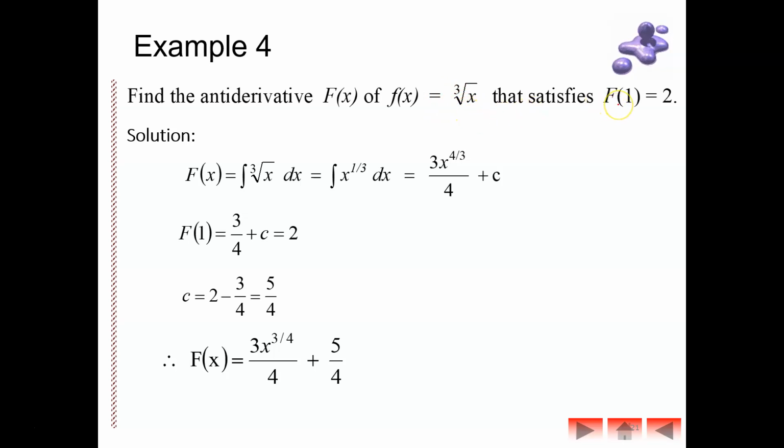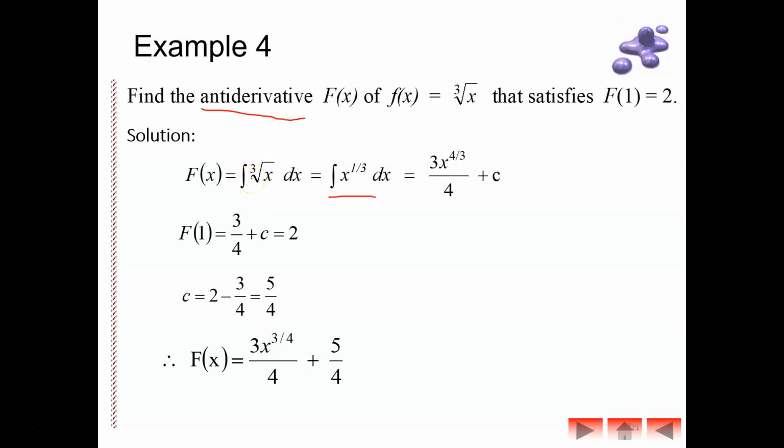That satisfies f(1) equal to 2. So what does antiderivative mean over here? Antiderivative means integration. It means we have to find the integration of this function. Okay, first you have f(x) equal to the integration of this part dx, which you can write again in this form.